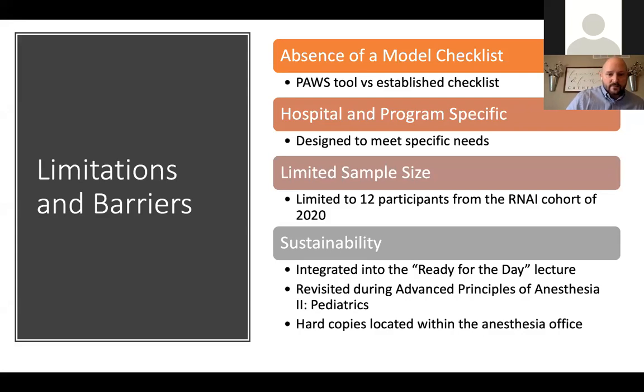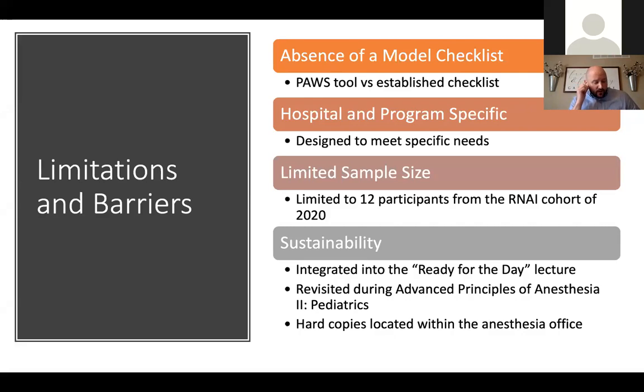A couple limitations and barriers that I experienced during this project. Obviously, an absence of a model checklist was a limitation. I was forced to create a completely new checklist rather than adapting an existing checklist, which had previously demonstrated success in anesthesia practice.